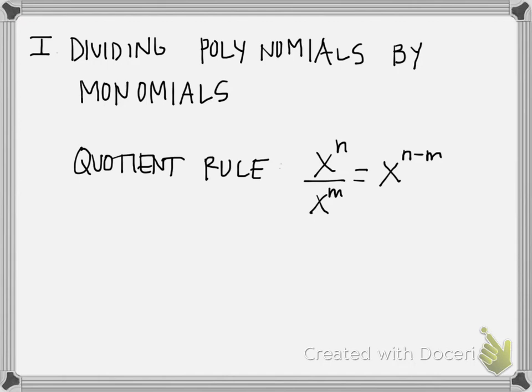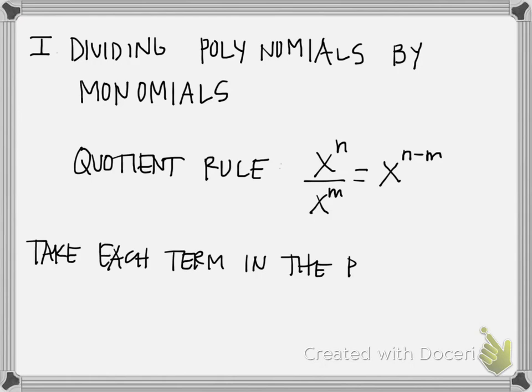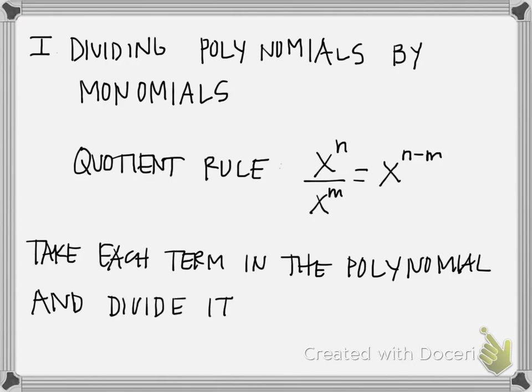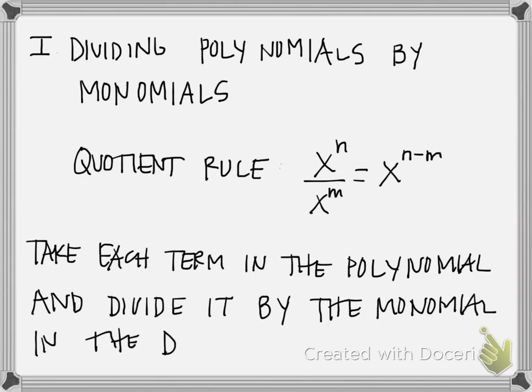So what I'm going to do is I'm going to take each term in the polynomial and divide it by the monomial in the denominator. Okay? All right, let's do some examples.